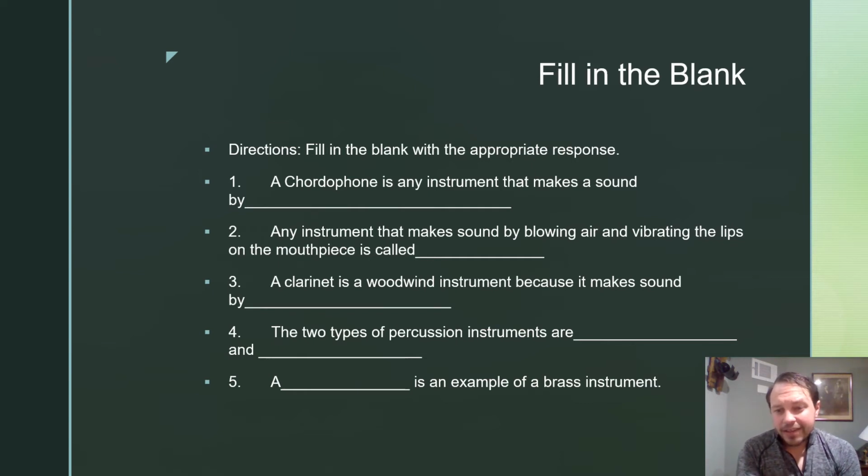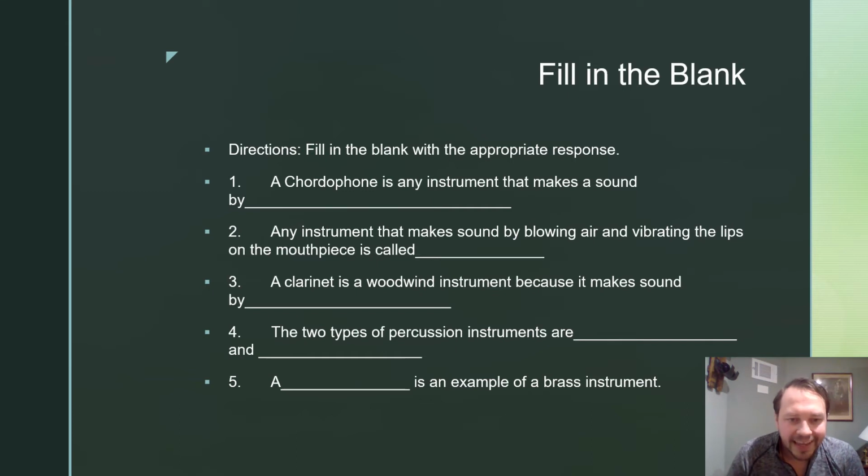It may be true, but it's not the whole truth. The better answer is through the vibration of strings, because there are many different ways that we could make these strings vibrate to make the sound. So it's the most true to say through the vibration of strings.